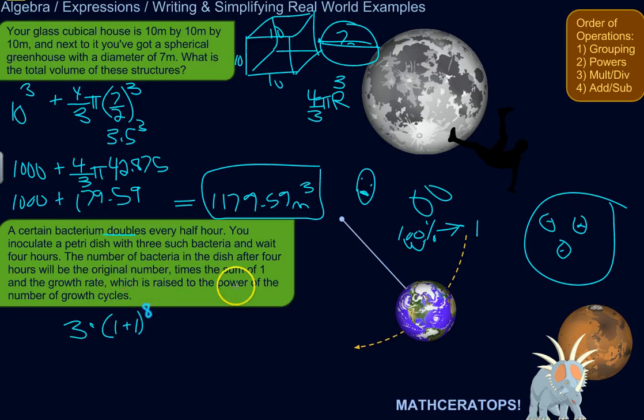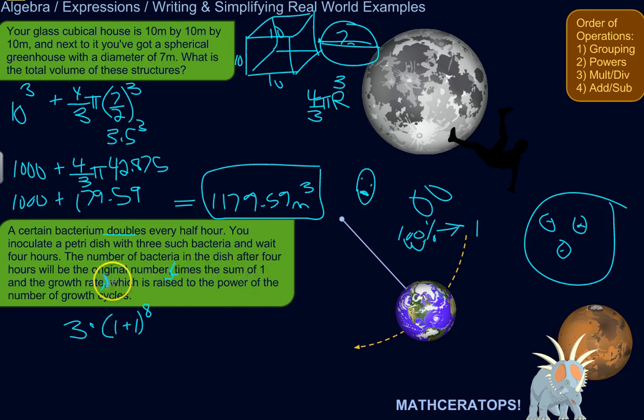Okay, there's a little bit of ambiguity here. Times the sum of 1 and the growth rate, which is raised to the power of the number of growth cycles. You might take that to mean that just the growth rate is raised to the power of the number of growth cycles. But I tried to indicate with the comma that this whole thing is a unit.